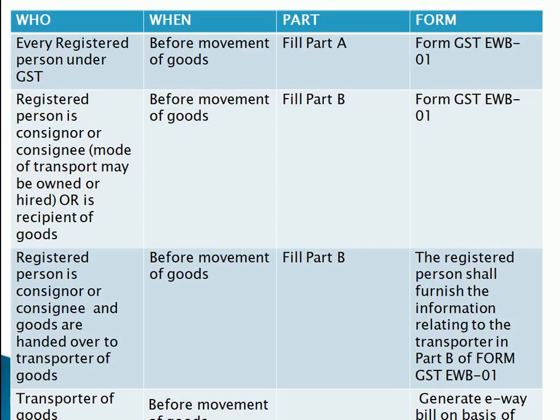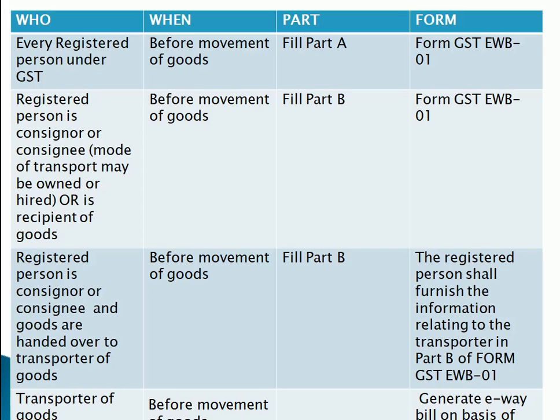If you are a registered person, you can fill in the invoice form, and then EWB-01 will be auto-populated. Registered person is consignor or consignee. Mode of transport may be owned or hired, or if the registered person is the recipient of the goods, then also before movement of the goods, you have to fill in Part B, form GST EWB-01. Registered person is consignor or consignee, and goods are handed over to a transporter.